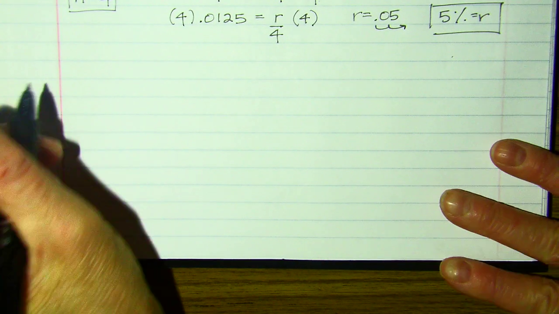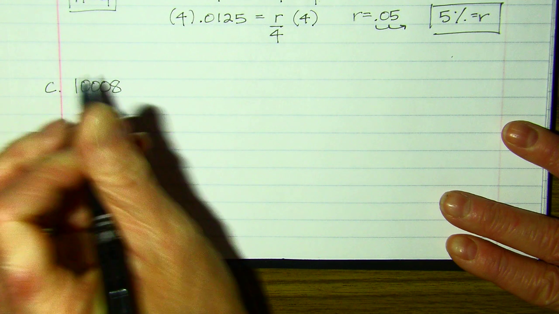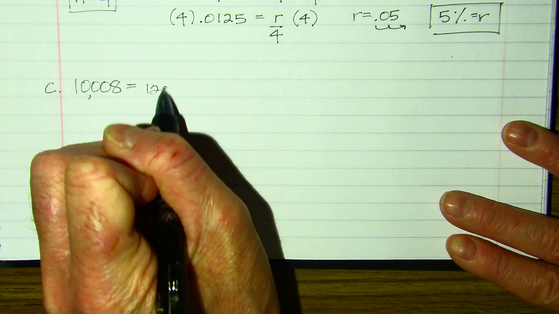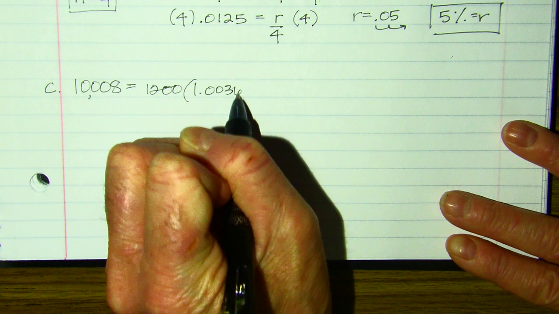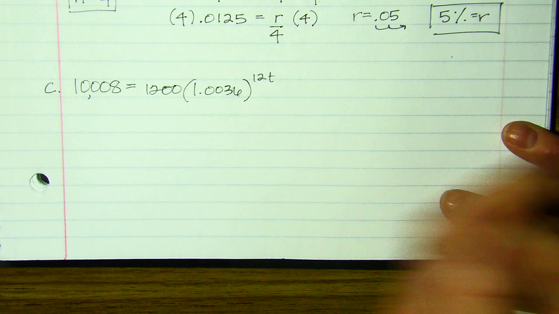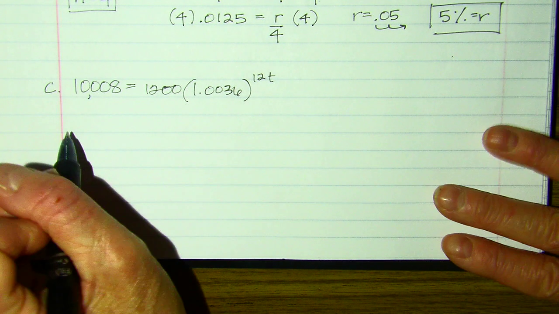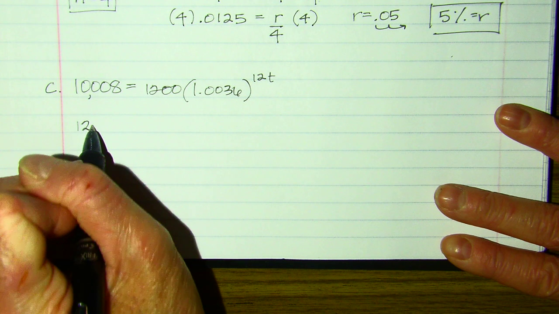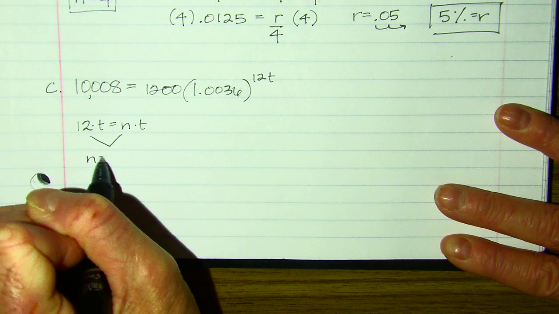So one more, just so you feel confident, and you can pause this, and then you try finding n, how often it's compounded, and the interest rate. So go ahead and pause it, try to find it, and then come check back with me. So I know that if 12 times t equals n times t, then n must equal 12.